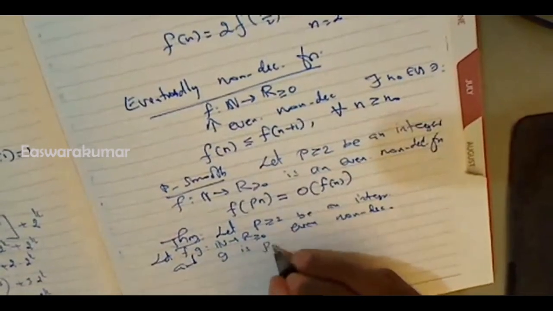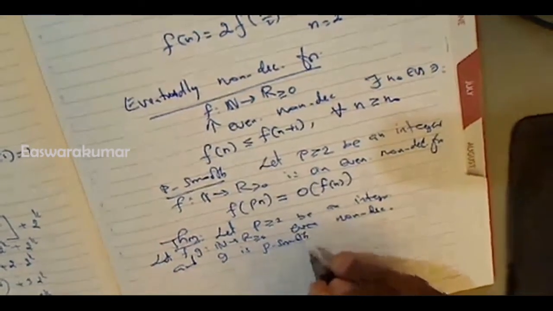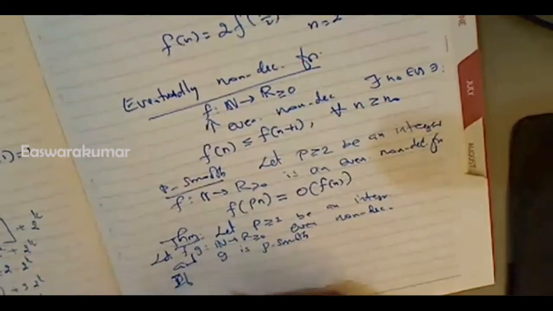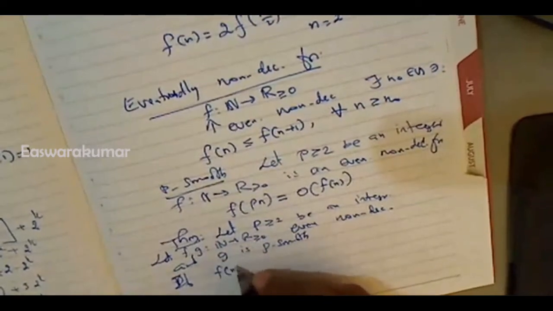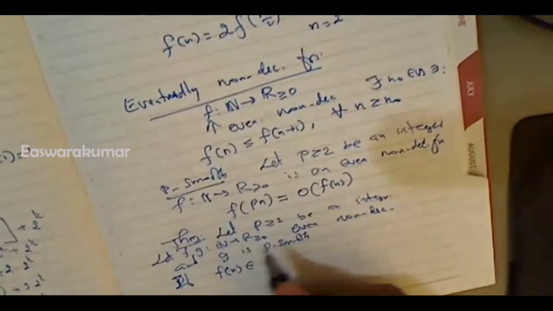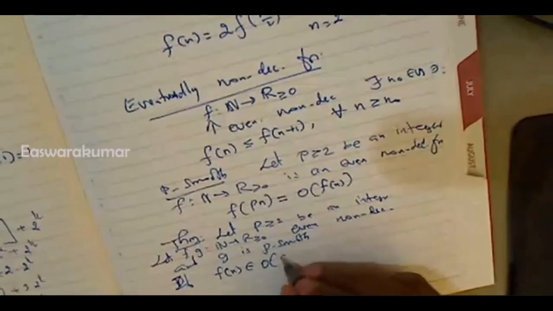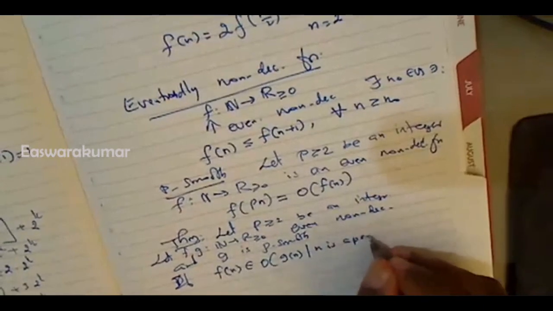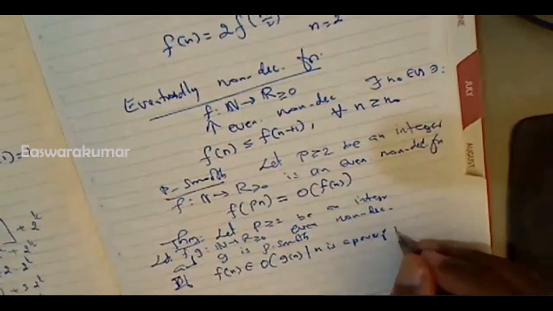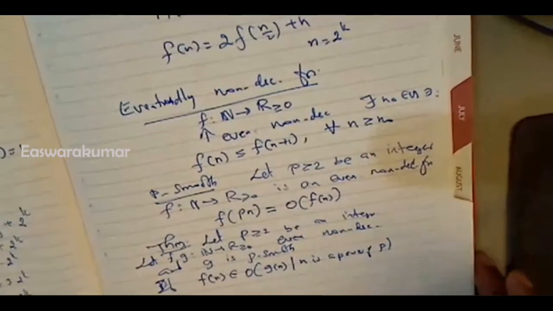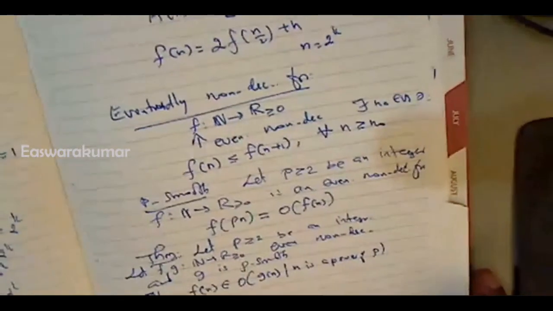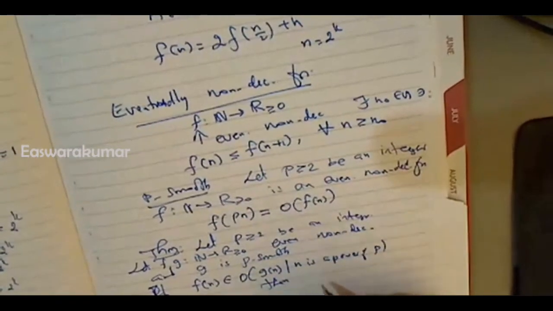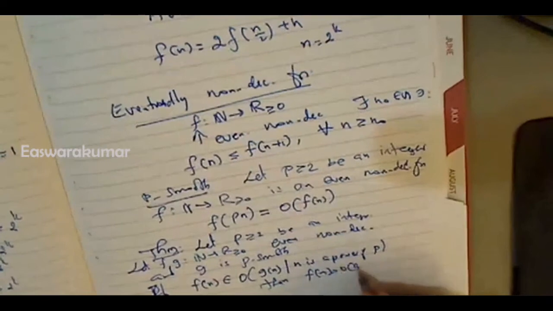g is p-smooth. So if these things are satisfied, and if f of n belongs to order of g of n when n is a power of p, then this implies we can say f of n is equal to order of g of n.